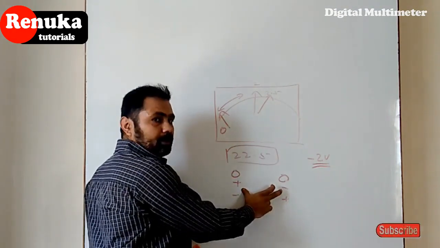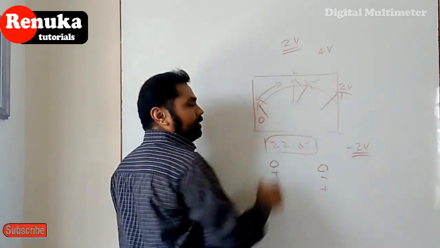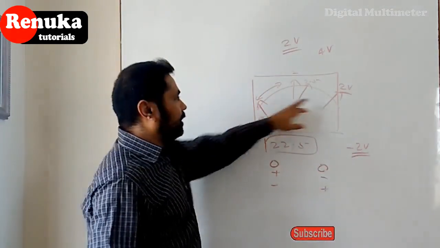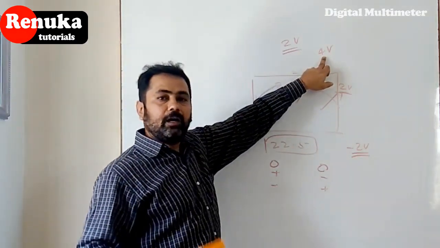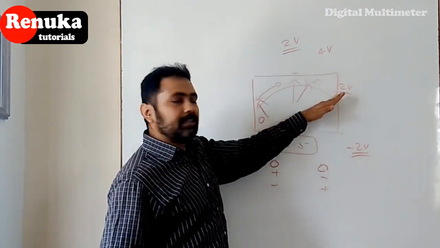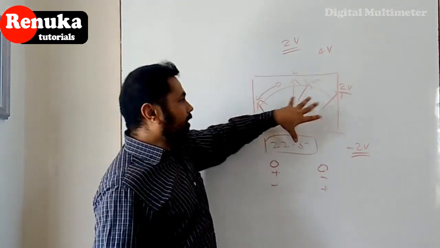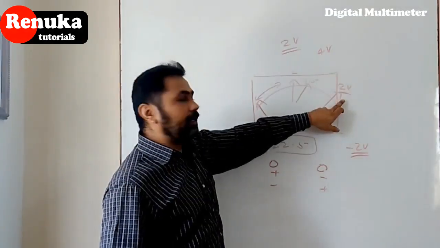In an analog multimeter, if we have taken a voltmeter of range, for example 2 volt, and we have to measure a voltage up to 4 volt, then the pointer here will deflect to its high value of 2 volt. So though the input is 4 volt, it will show only 2 volt.